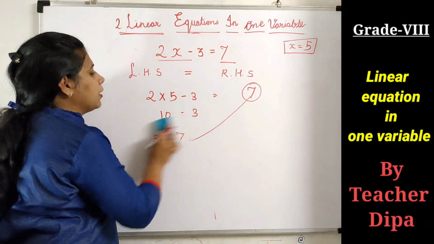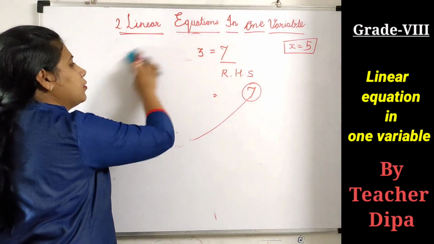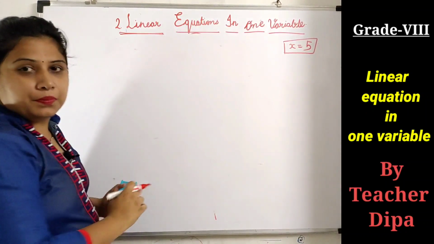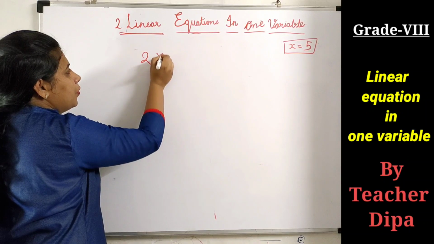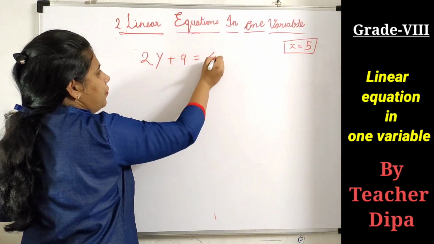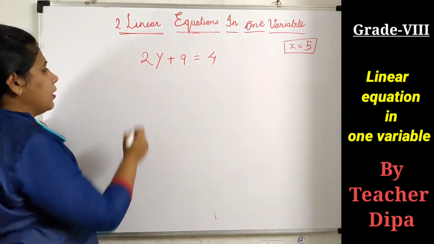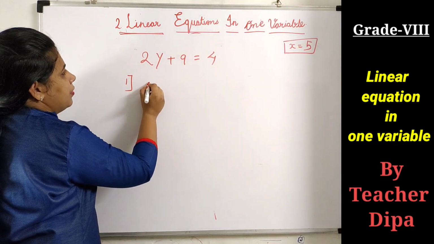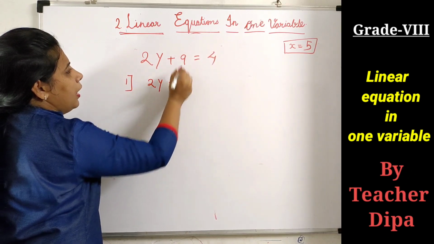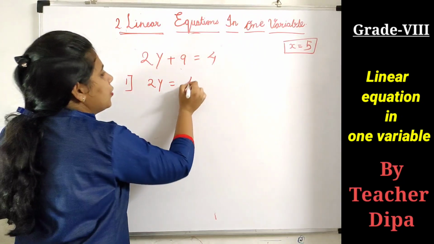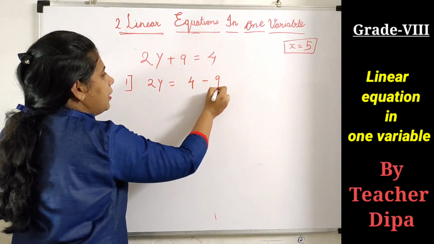Now again I am here with some more examples. We can also solve that. The next sum is 2y plus 9 is equal to 4. With the first method, I am doing the same thing. 2y, when I am shifting the number from the LHS to the RHS, it will definitely become minus 9.